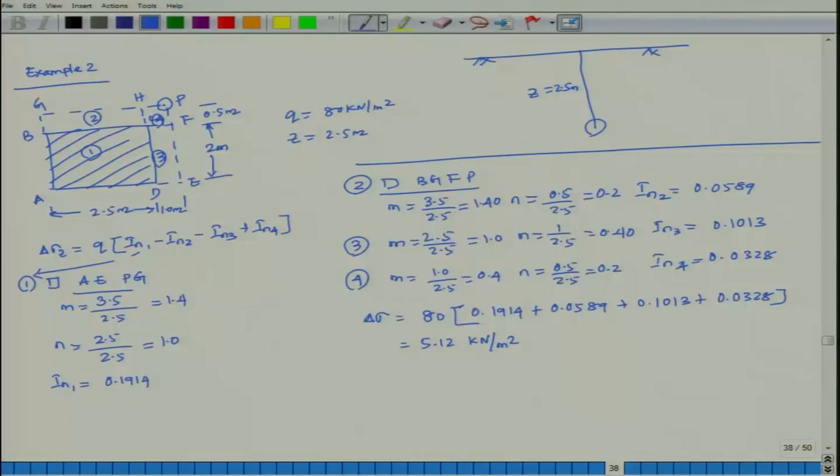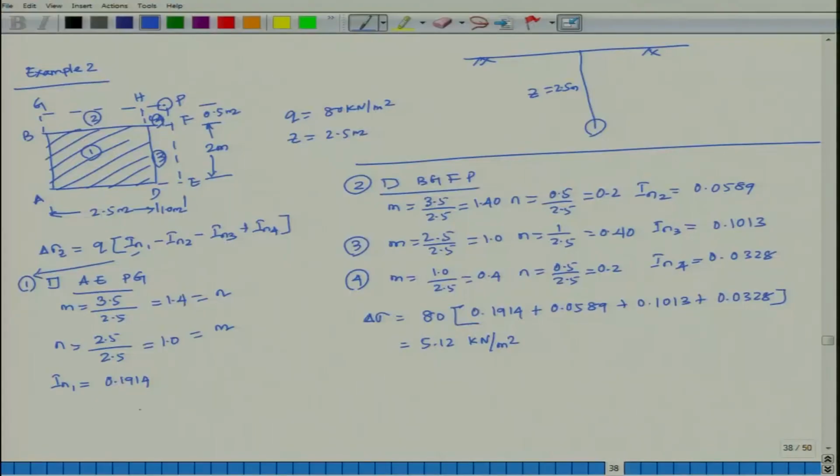So, case 1, M is equal to 2.5 and 1, it is your 3.5, so 3.5 by Z equal to 2.5. I can write it as N, I can also write it as M, there is no problem. Putting that formula you can get it, or you can take a chart and from that chart you can find out I_n.